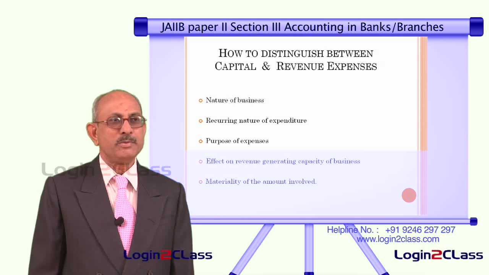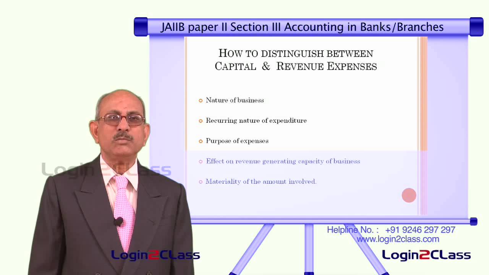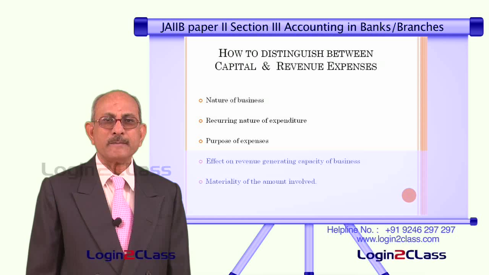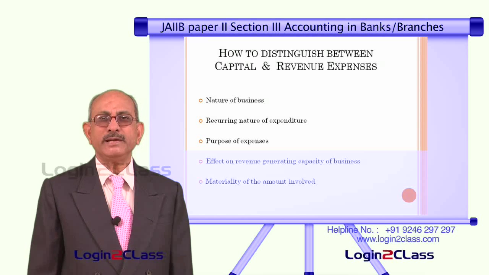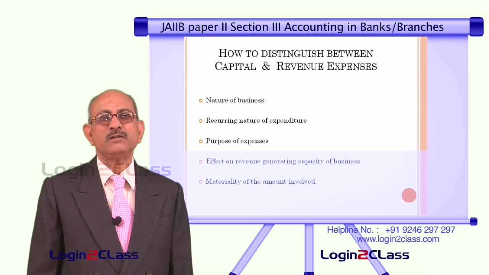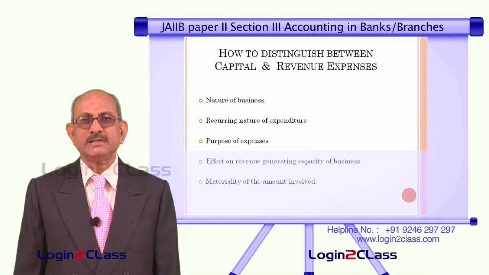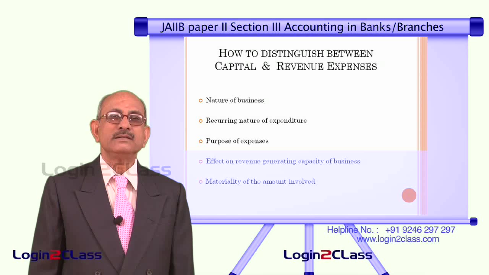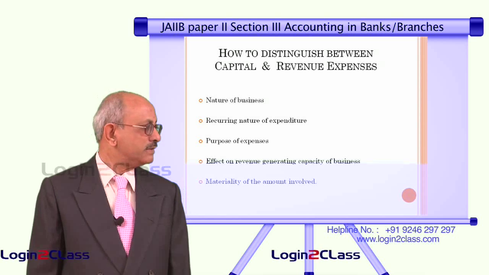Suppose a company is bringing out a new product into the market and they have to advertise heavily to introduce the product in the market. Whatever benefit they will be getting out of that expenditure will be extended to several periods. So, this can be treated as a capital expenditure. So, we distinguish it as a deferred revenue expenditure.